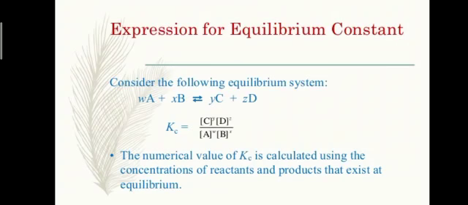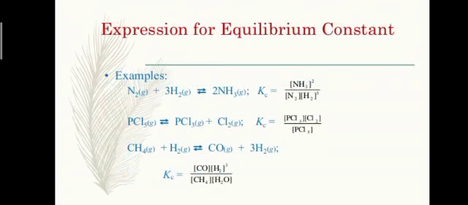So this was the general equation: Kc is equal to the product of the concentration of the products, that is C and D, to the product of concentration of the reactants, that is A and B. Here are some examples. Nitrogen reacts with hydrogen to form ammonia.